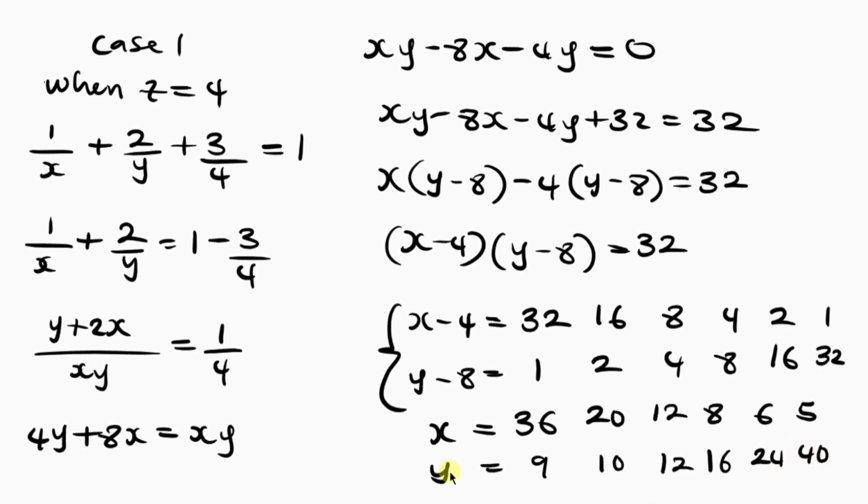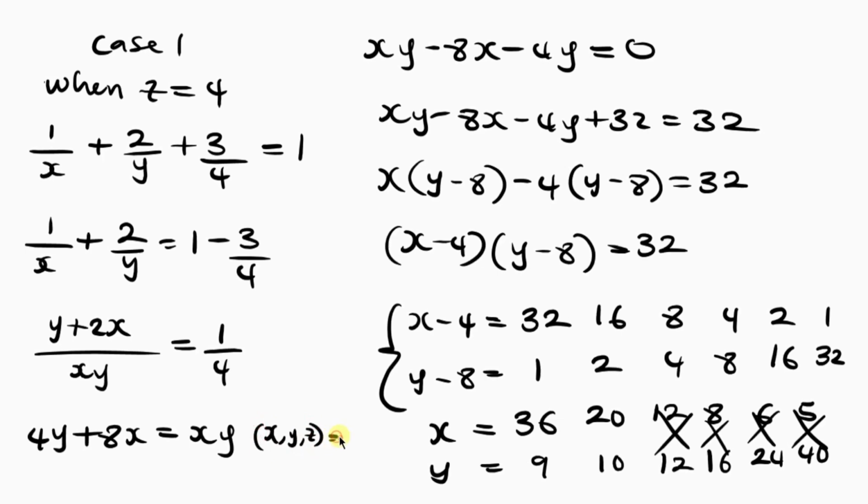Now remember that x is the largest. That means x is larger than y. Now for which cases, if you notice, you see that here x is smaller than y. So I'm going to be rejecting this where x is smaller than y or equal to y. Then these are accepted. So our pair values of solution is going to be x, y, and z.